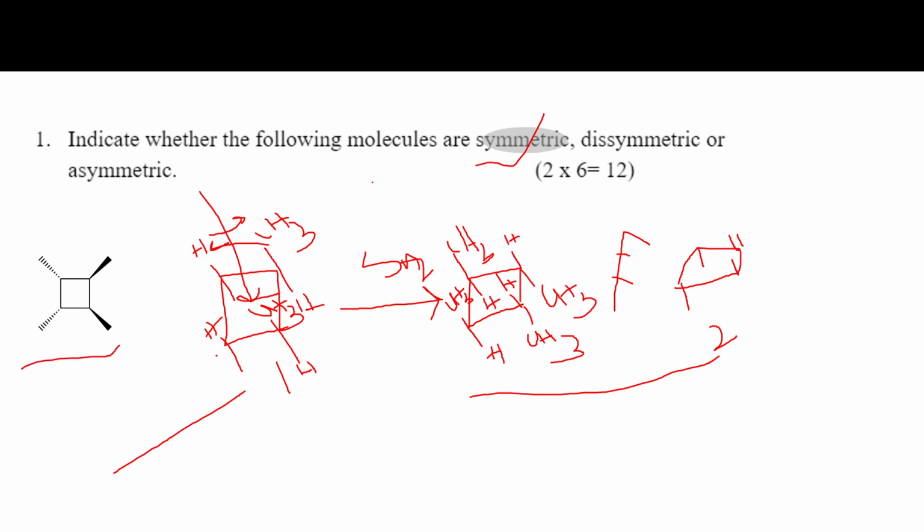So we first have to draw the molecule in such a way that we can rotate it, after C2 and improper axis.